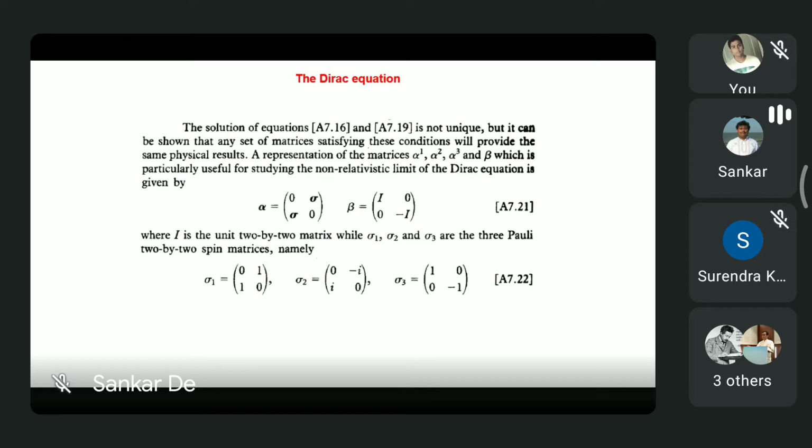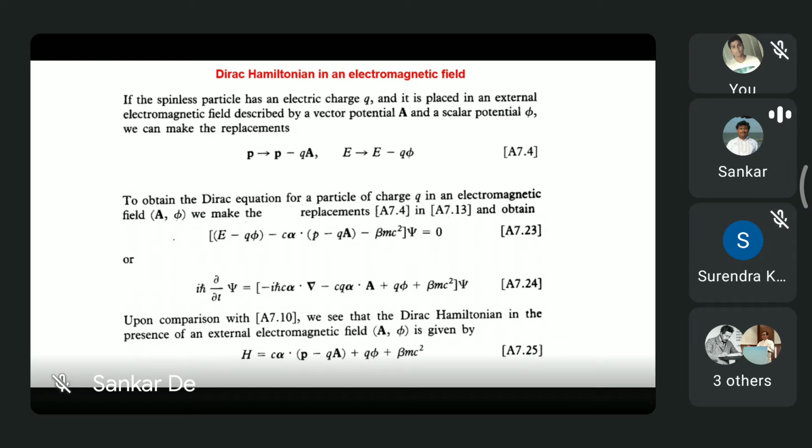So after going through this in this relativistic way, and having the form of the Dirac equation for a free particle, now we introduce the electromagnetic wave. Due to the interaction of the electromagnetic wave, the vector potential and the scalar potential came into play, and therefore the momentum and energy also changed.